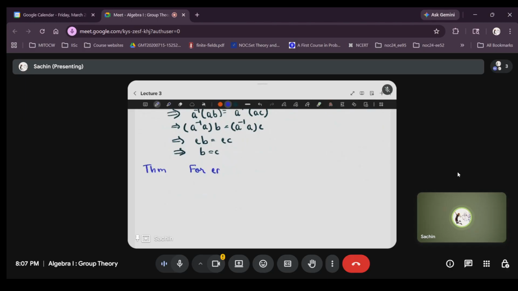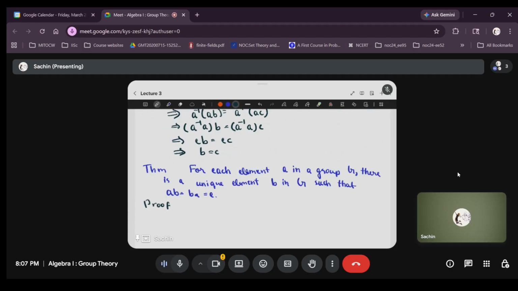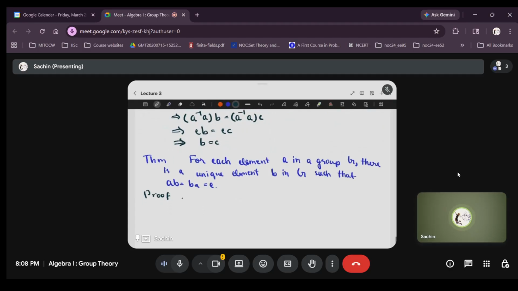So for each element A in a group G, there is a unique element B in G such that AB equals BA equals the identity E. Again, like earlier, we'll assume that this is not true.